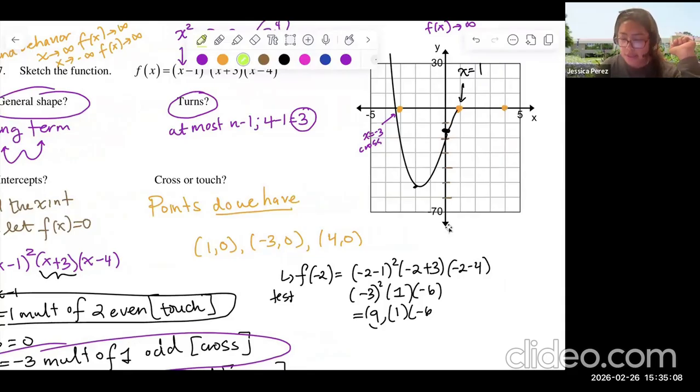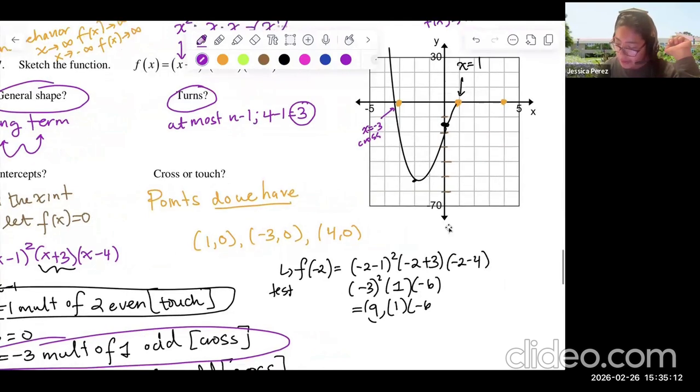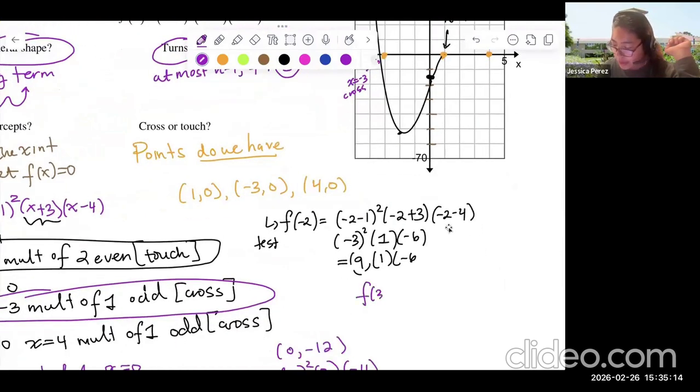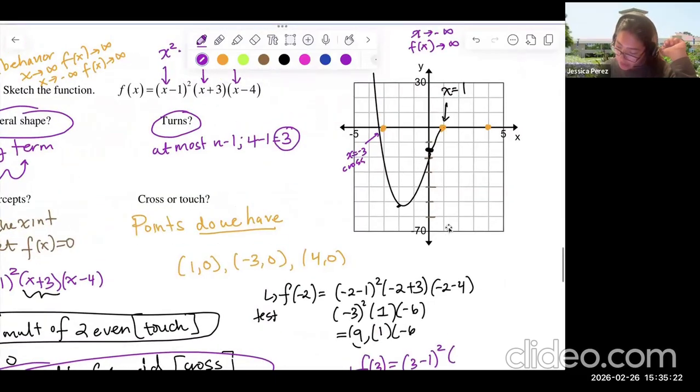Let's plug in x equal 3. So now we have f of 3. We want to test. So these are testing points. f of 3 would be (3 minus 1) squared, (3 plus 3) times (3 minus 4).